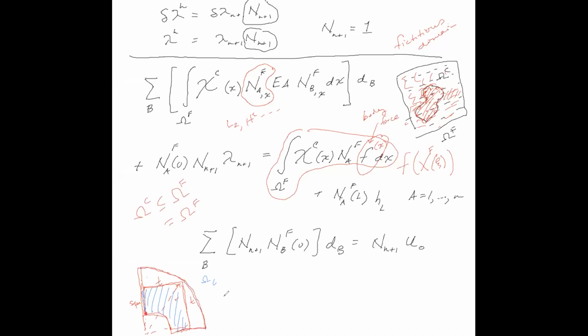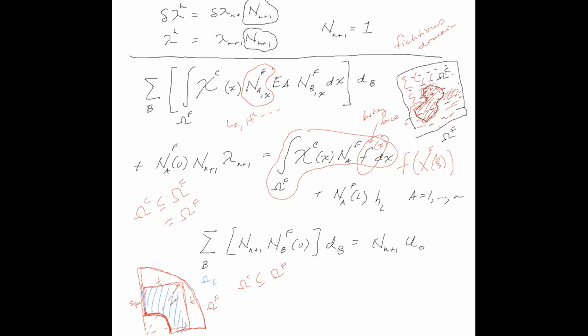That's our omega F. And the point is that notice that this boundary here is the same between, omega C is contained in omega F, but in fact, you're capturing this boundary that you care about, you're actually capturing it exactly in this method.